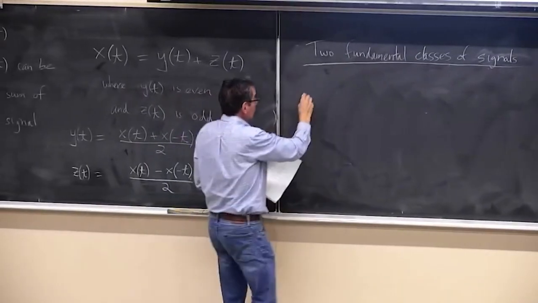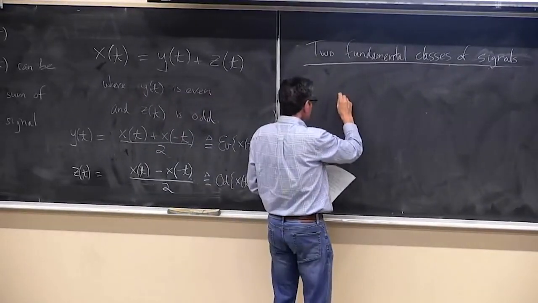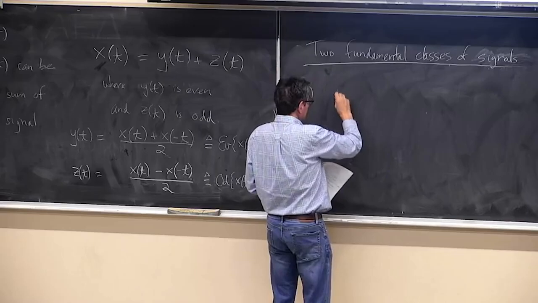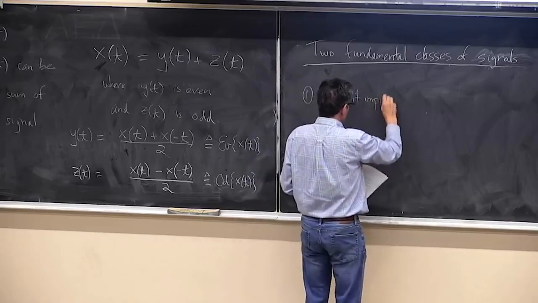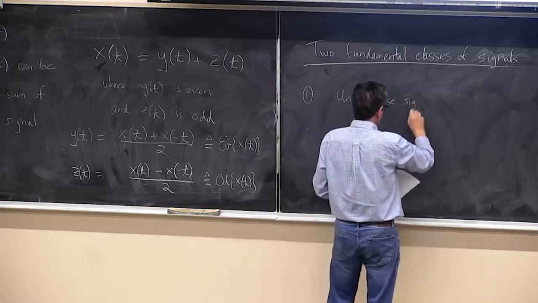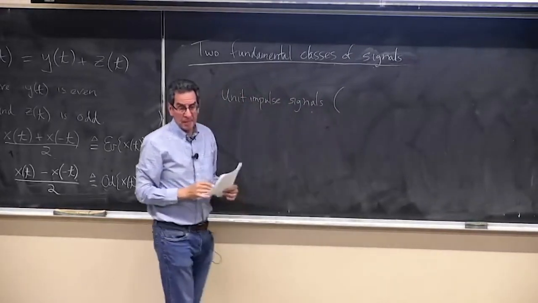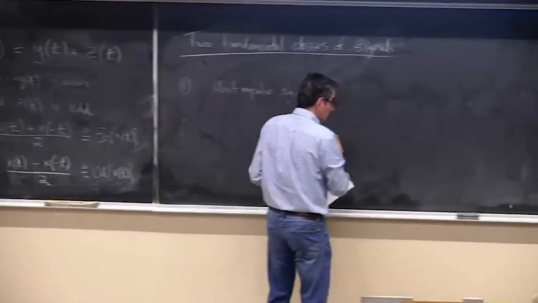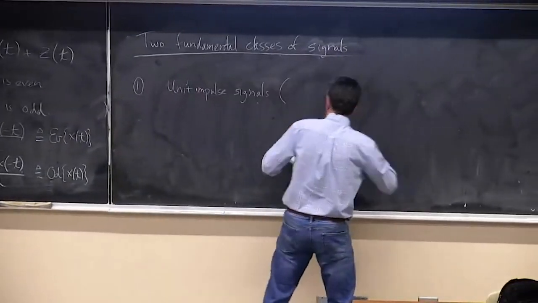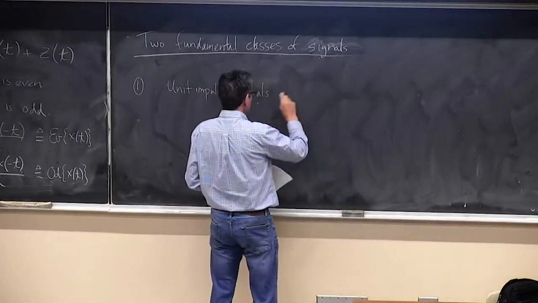So the first class is going to consist of the unit impulse signals, and a related class of signals which we'll call step signals, but I think I'll just stick with the unit impulse signals.